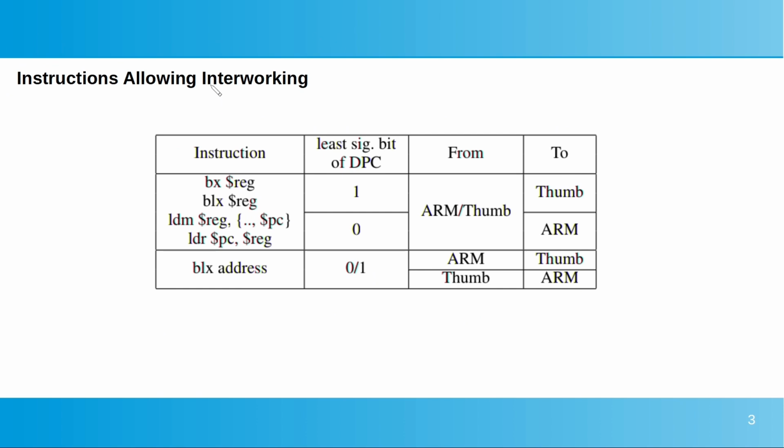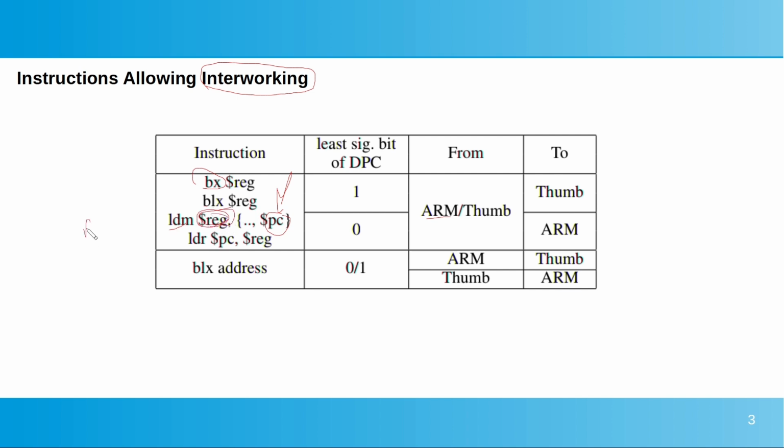Now, in terms of instructions that allow this interworking between ARM and thumb state back and forth, besides this branch with exchange, we have the support as well of branch with link and exchange. Also explicit update of the program counter, whether via this LDM instruction if we are updating set of register out of the address stored within this register.